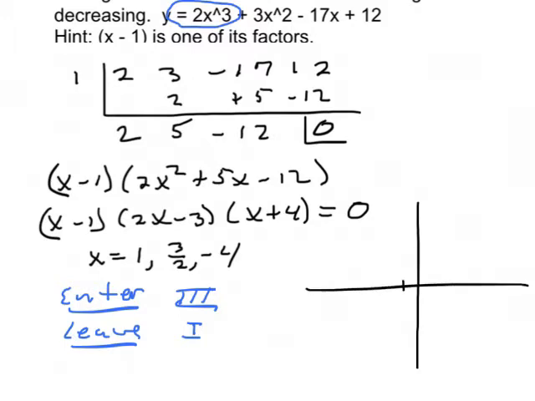So 1, 2, 3, 4, 5. Okay, so we know first of all it crosses the x-axis at 1, so we'll put a dot there, at 1.5, which puts a dot right there, and at negative 4 puts a dot right there. I know it enters here and it leaves here.